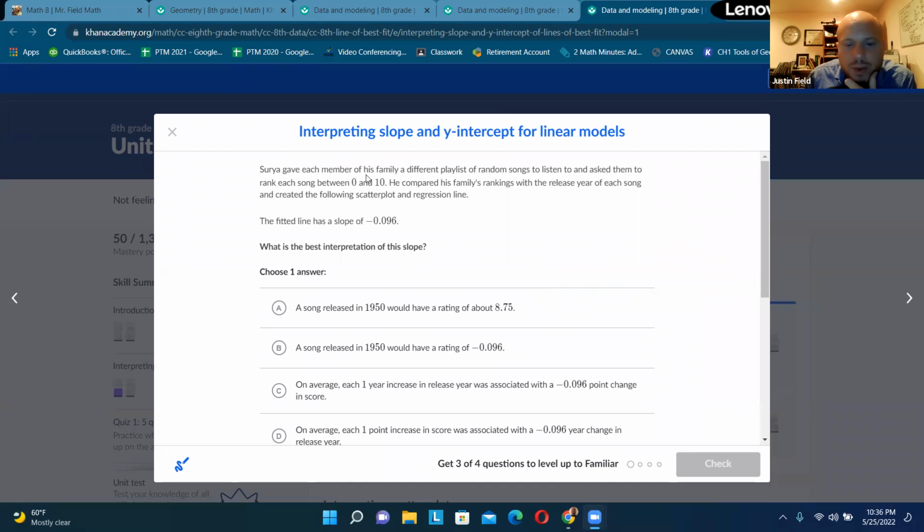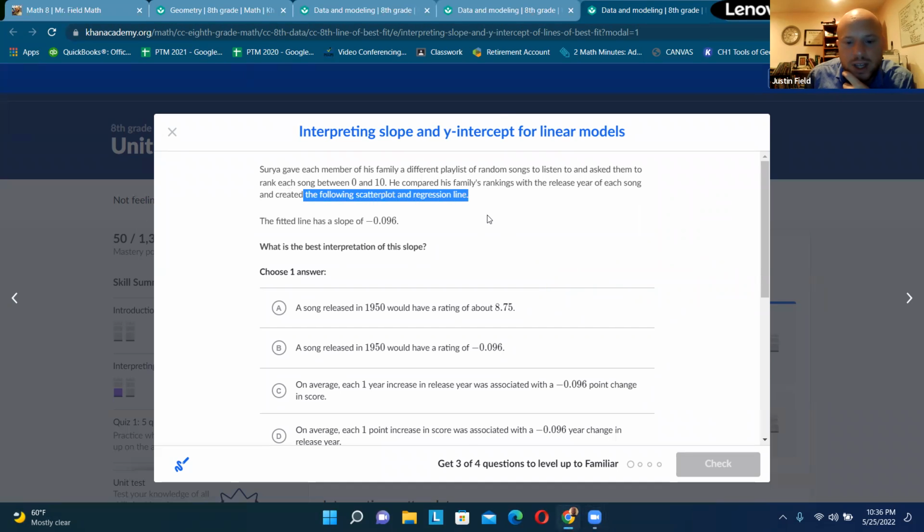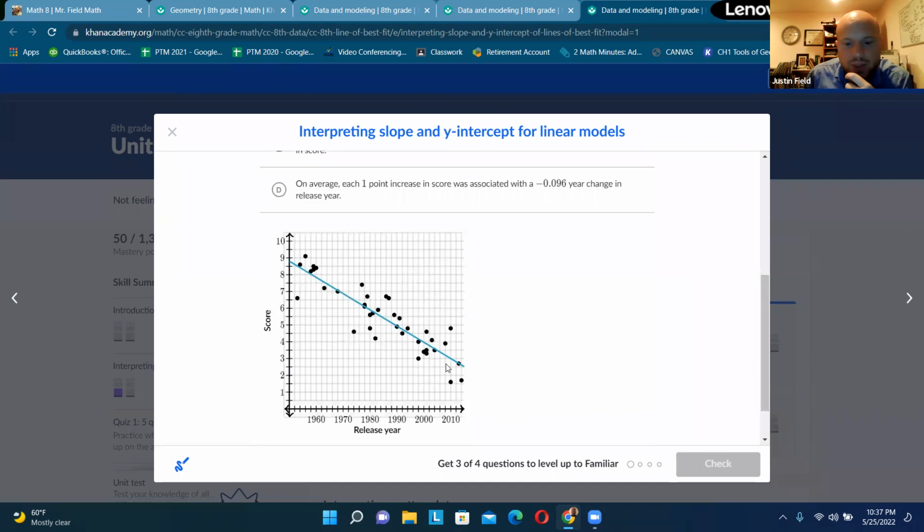Surya gave each member of his family a different playlist of random songs to listen to and asked them to rank the song between 0 to 10. He compared his family's rankings with the release year of each song and created the following scatter plot. The fitted line has a slope of negative 0.096. What is the best interpretation of the slope?